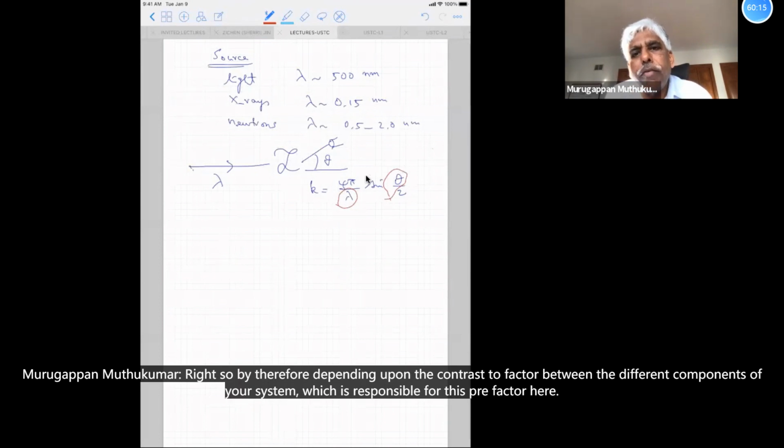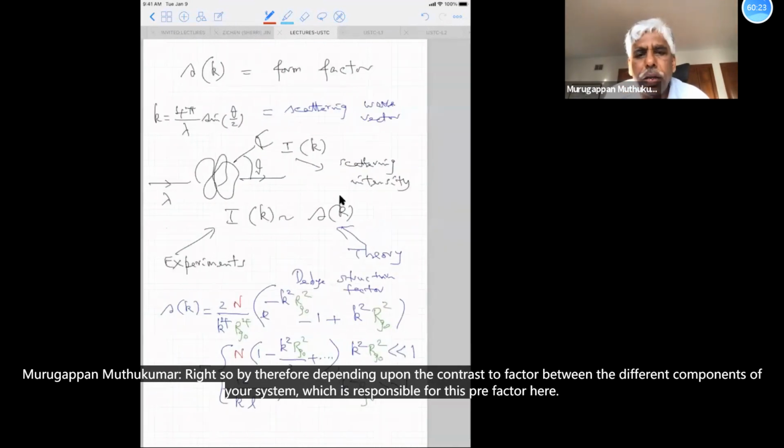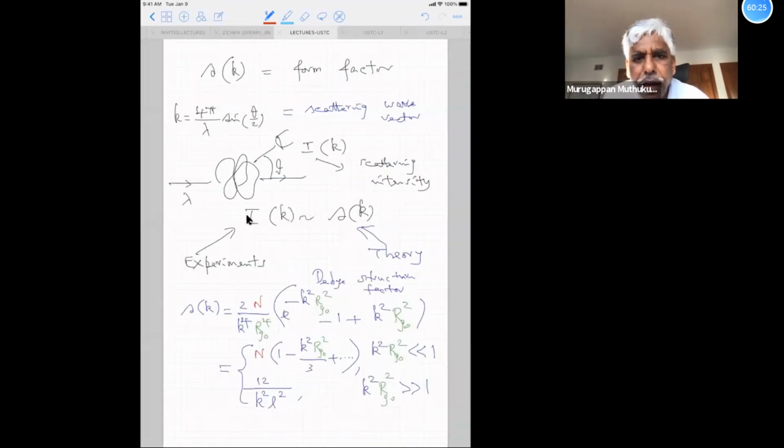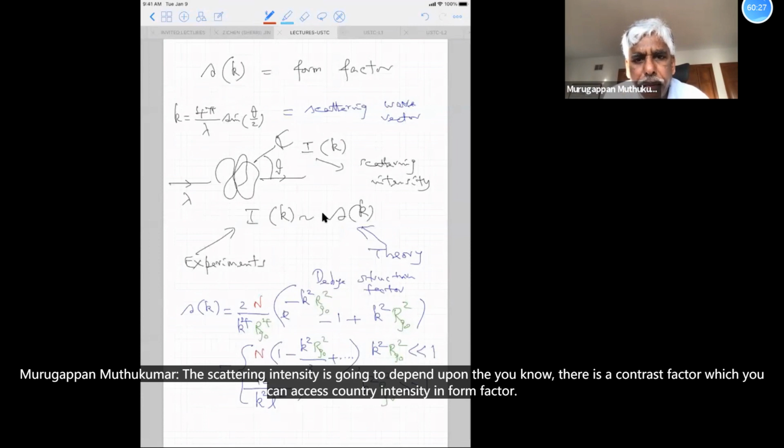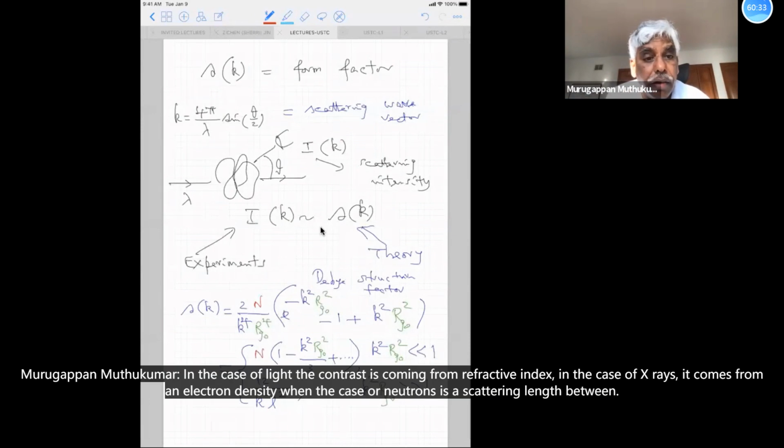Depending upon the contrast factor between the different components of your system, which is responsible for this prefactor here, the scattering intensity is going to depend upon a contrast factor which connects the scattering intensity and form factor. In the case of light, the contrast is coming from refractive index. In the case of X-rays, it comes from electron density.